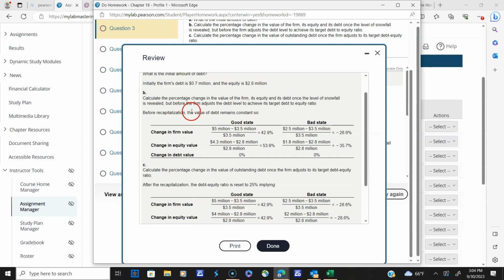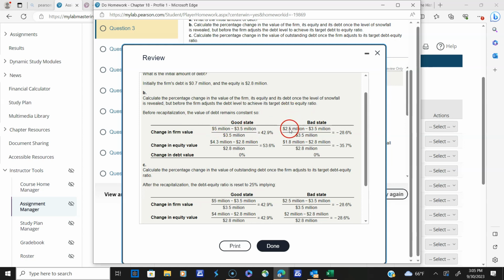All right, so before recapitalization, the value of the debt remains constant. Remember what they said, right? The value of the debt remains constant. So 5 million minus 3.5 million over 3.5 million gives you the change in the firm's value. So the value of the company has changed by 42.9% if it has a good year, 5 million.